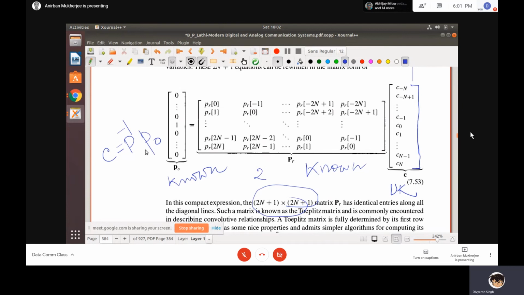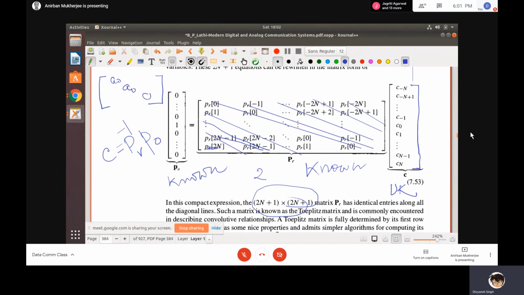Now say this P inverse, or rather PR inverse. Now what is PR? You see, this is a PR minus 1. This is a Toeplitz matrix. Toeplitz matrix means, you see, something like this.